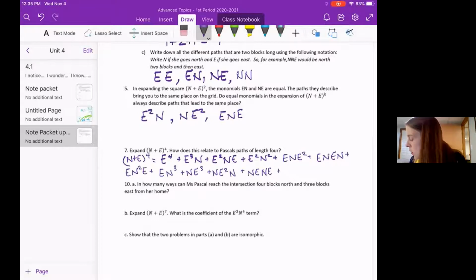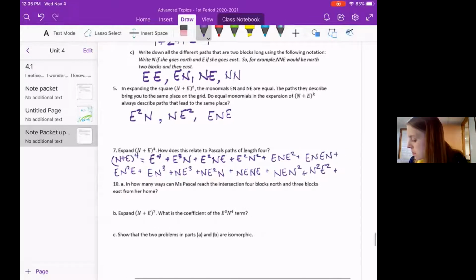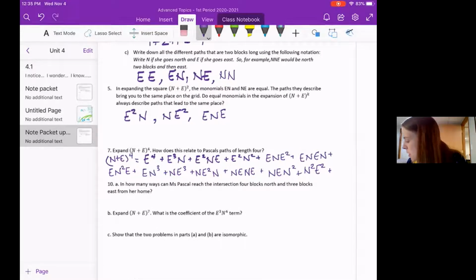And yes, you can. We're going to talk about the connections to the binomial expansion in the next section, I should say. And a couple more terms to sneak in here. So hopefully we've got all of them in there.